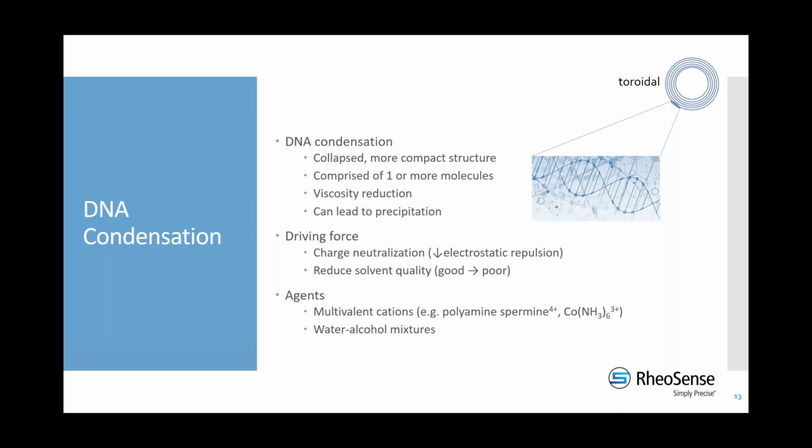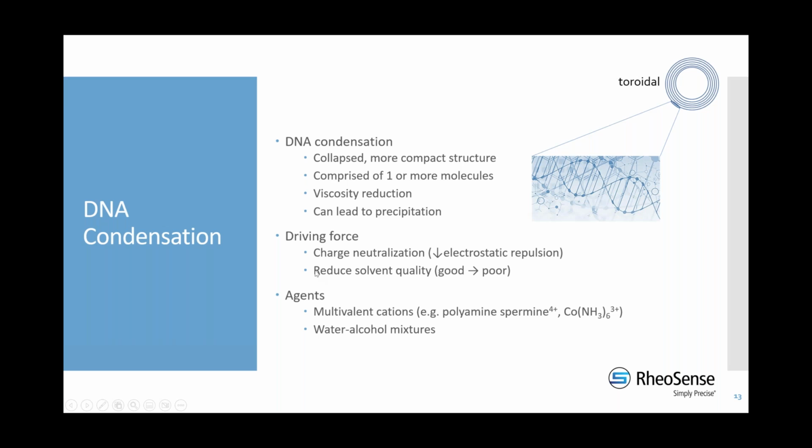So now the driving force for this process depends on the particular condensing agent you use. If you're using agents that neutralize the charge of DNA, then you're going to reduce the electrostatic repulsion among different portions of chains that lead to the formation of condensed or compact structure.